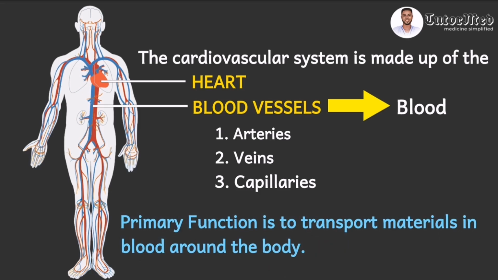For example, the cardiovascular system will transport oxygen-poor blood, what we call deoxygenated blood, to the lungs, and when the blood gets to the lungs, there is one type of blood vessel there, the capillaries, which allows for exchange of substances, and the substances which are exchanged here mainly are gases.